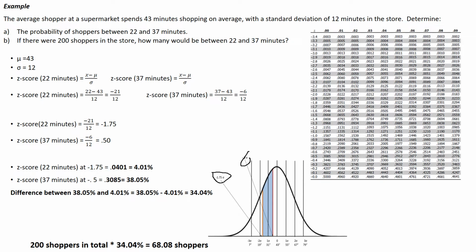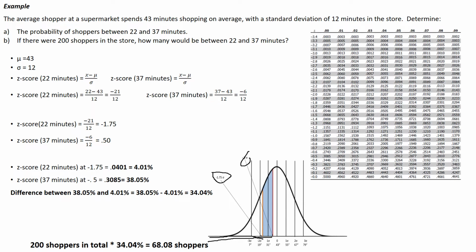This space shows from the very beginning to negative 1.75, and this space shows from the very beginning to negative 0.5. So I want to subtract the one from the other, and I'll get how many shop between 22 and 37 minutes. My z-score at 22 minutes is negative 1.75.